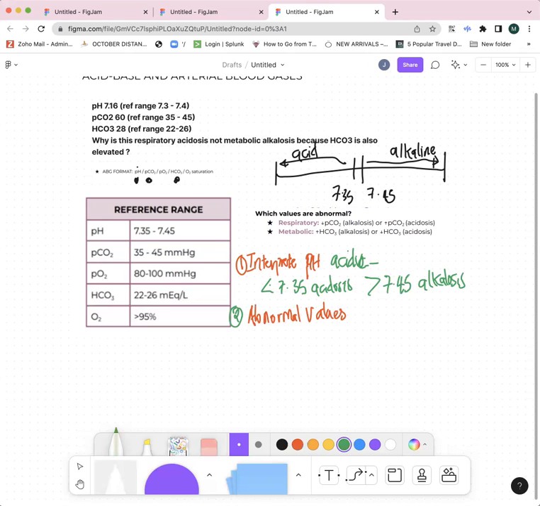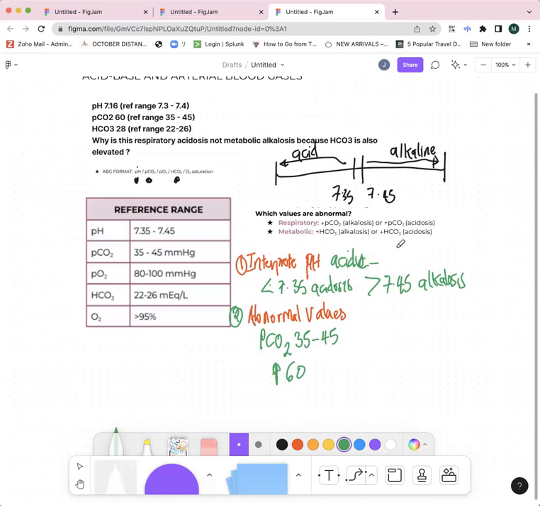In this case, the abnormal values are the PCO2, which has a reference of 35 to 45, and it is at 60, which means it's super high.